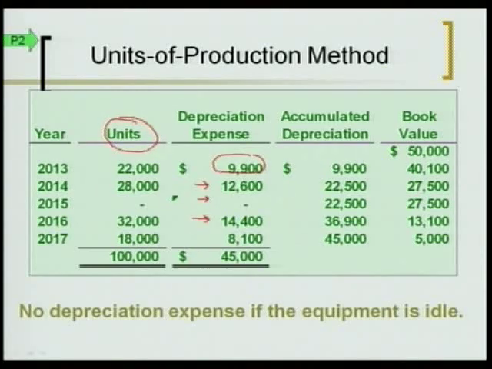And as a matter of fact, if for some reason the equipment is idle and it doesn't produce any units, this is 0, then the depreciation expense we take on that is 0 for that year. So each year we take the units produced times that depreciation per unit until it's fully depreciated down to its salvage value of 5,000. Are you with me?